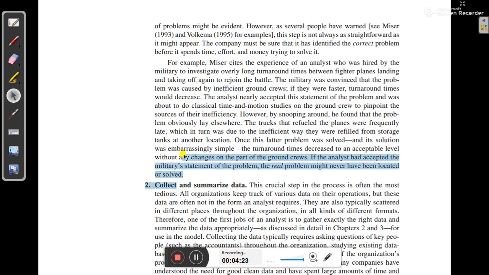Then after defining the problem, we need to collect the data.